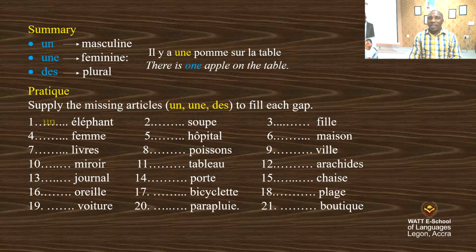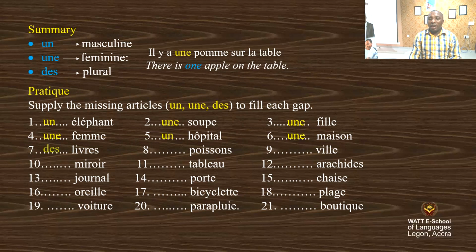We say un éléphant, une soupe, une fille. That's the third one. Fourth one, une femme. Fifth, un hôpital. Six, une maison.